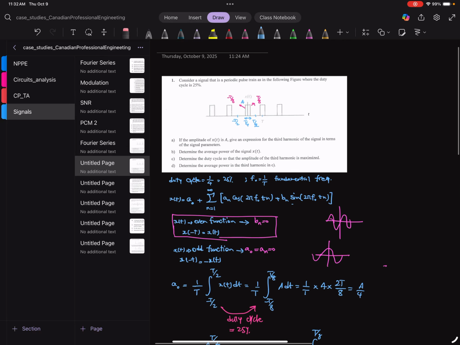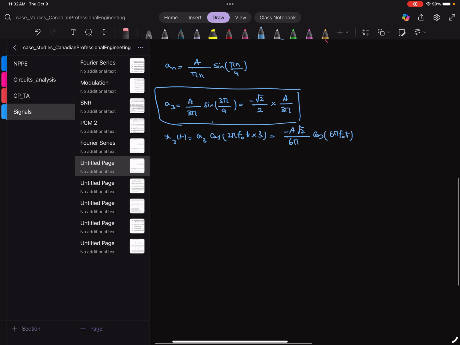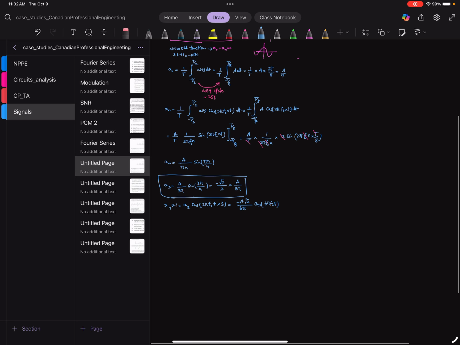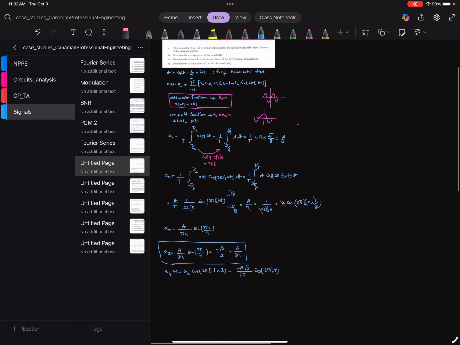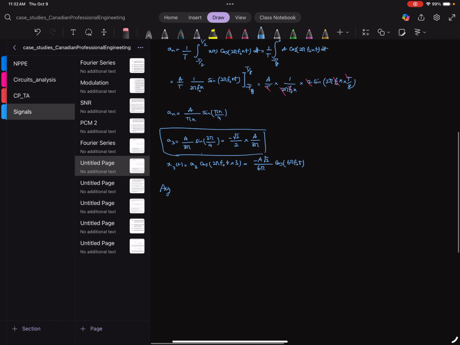Now let's go to part B: determine the average power of signal xt. Since xt was written in terms of the Fourier series, the average power of xt is going to be a0 squared plus 1 over 2 of an squared.